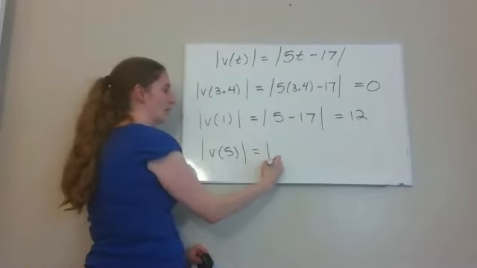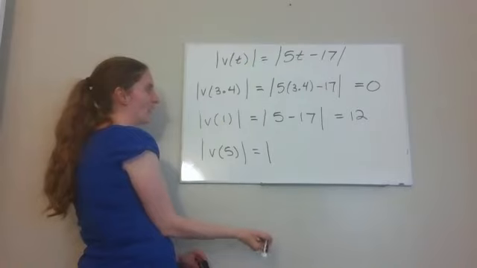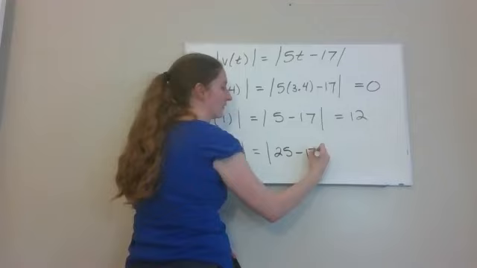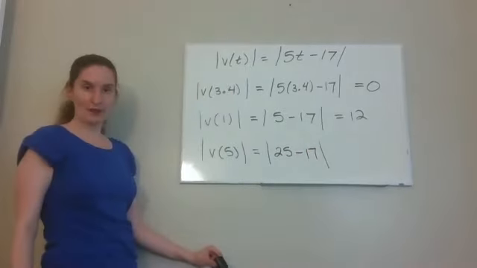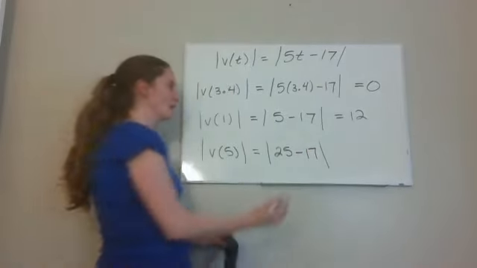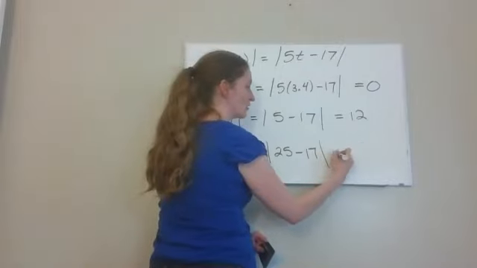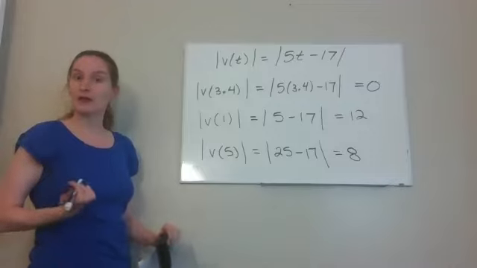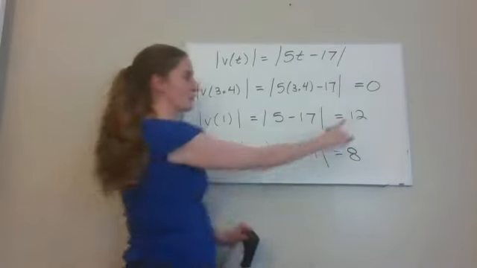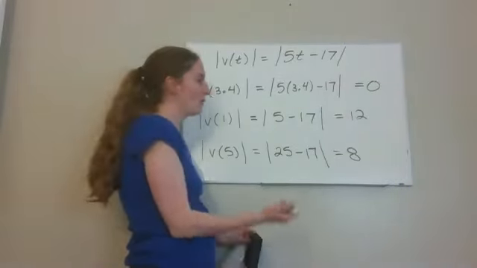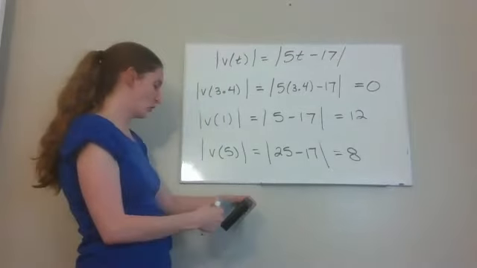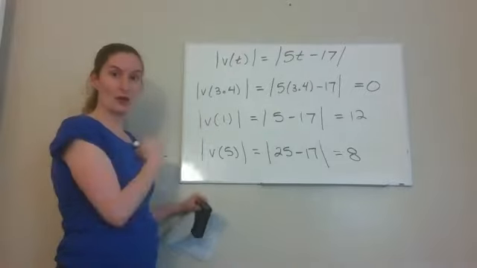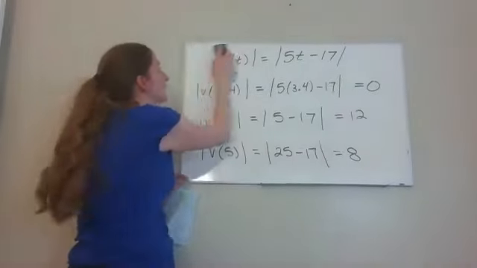And then when I plug in my 5, I'm going to have 5 times 5, which is 25, minus 17 inside of absolute values. And so that gives me absolute value of 8, which is 8. I'm wanting the maximum speed, so I look for the largest output, which is this guy here at 12. My maximum speed is going to be 12 feet per second, and that happens after 1 second has passed.